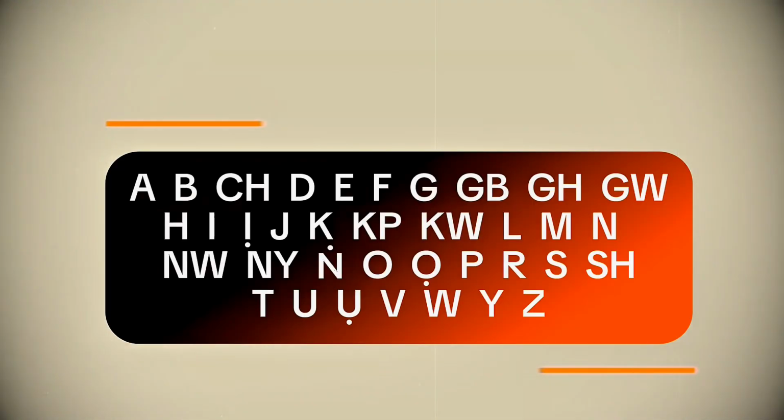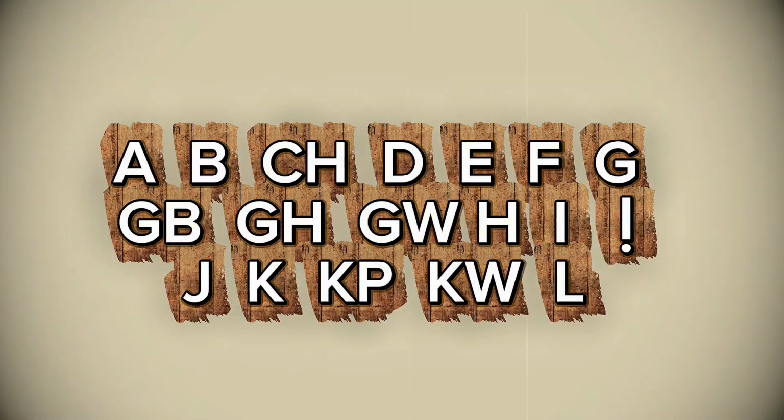Okay, today we're going to continue with learning the pronunciation of the letters of the Igbo alphabet. Now, if you've not watched our previous videos, kindly do so. The letters of the Igbo alphabet are 36 in number, and we've learned how to pronounce the first 18 in our last video.